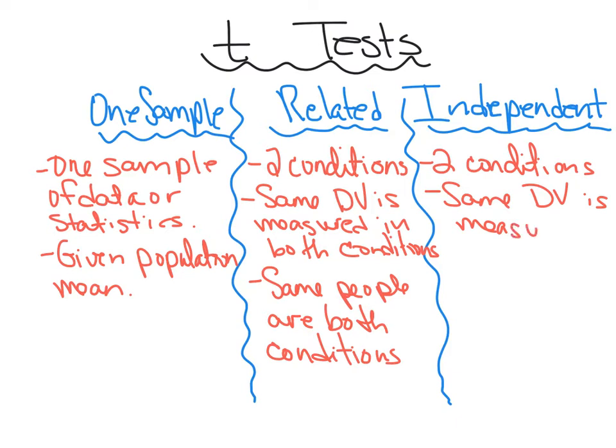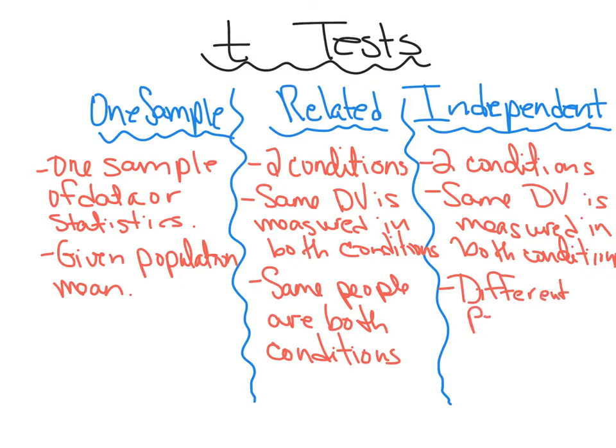So it's very similar to the related t, but the key difference is these are different people in each condition.